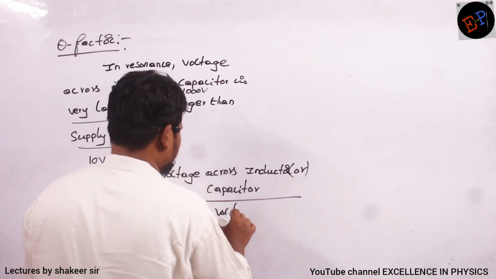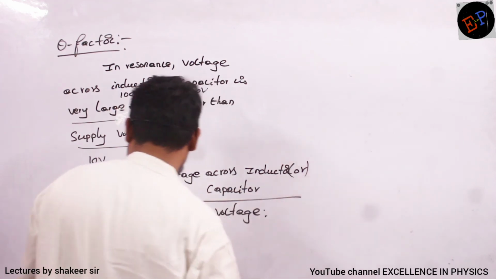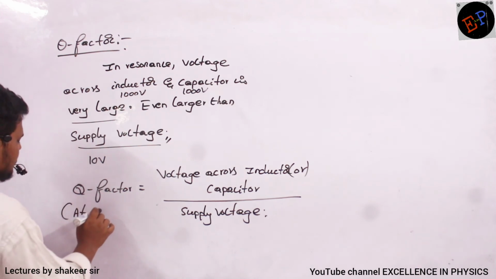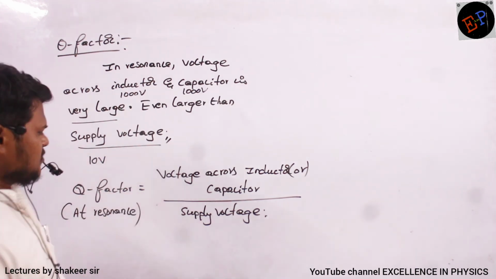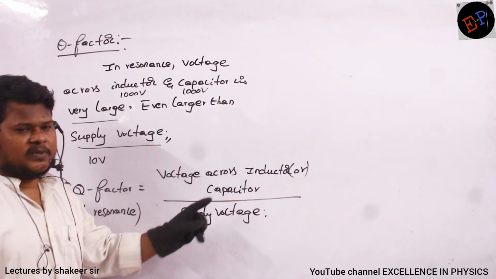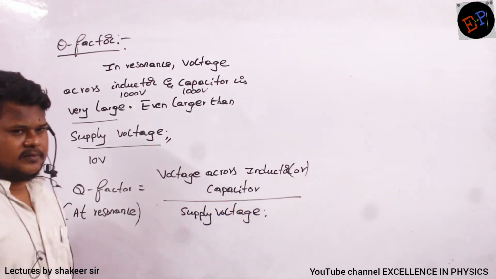So when compared to the supply voltage, and this is at resonance. Q factor is defined at which condition? Only at resonance. It means that compared to the supply voltage, the voltage across the inductor and capacitor is how many times bigger. That is called the Q factor.